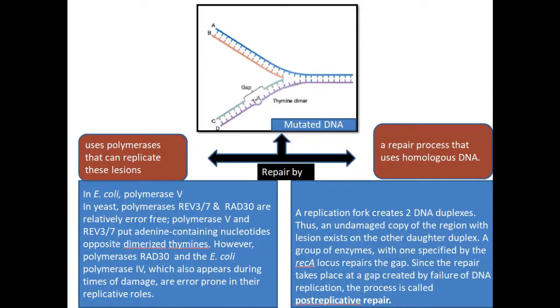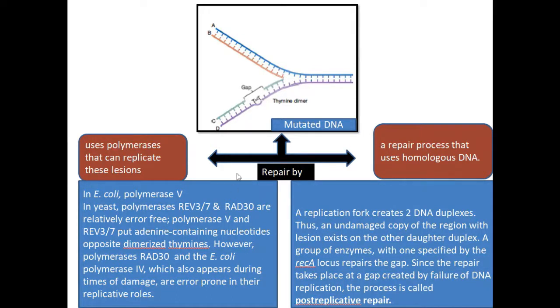Another option that we have is the second one, which is depicted here. Now regarding this, I need to tell you something. If you look at the replication fork, it has mainly two DNA duplexes, one here and another one here.